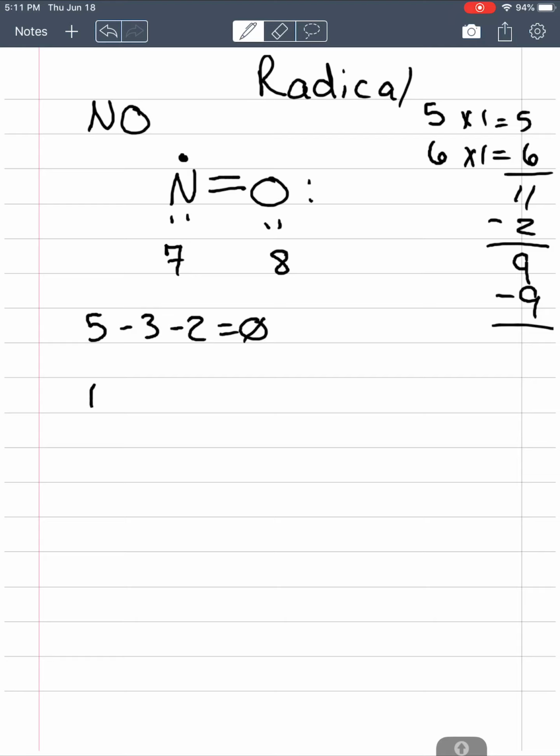Oxygen is group 6, so 6 valence, minus 4 lone pair electrons, minus 2 bonds, which gives us 0. So we have a good structure here. We have 0 and 0. Now let's draw it the other way.